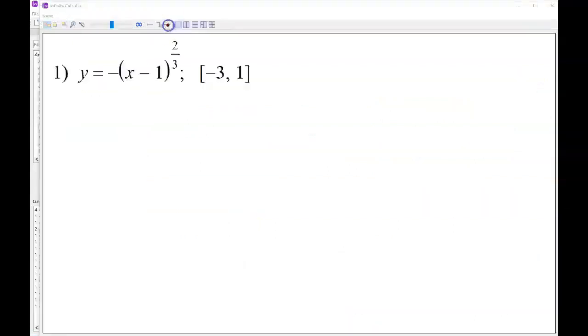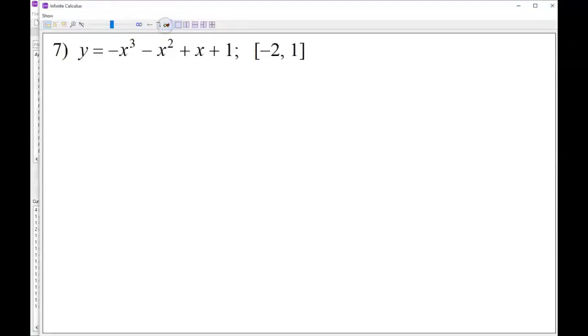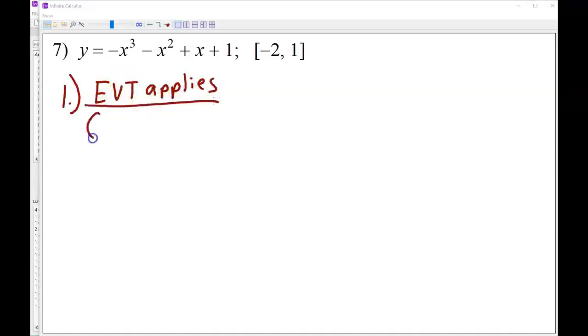When we did these problems back in lesson 5.2, the first thing we did was we wanted to make sure that the EVT applies. But for this quiz, we don't have to do it. The reason for that is because I'm only going to give you questions where the EVT will apply.